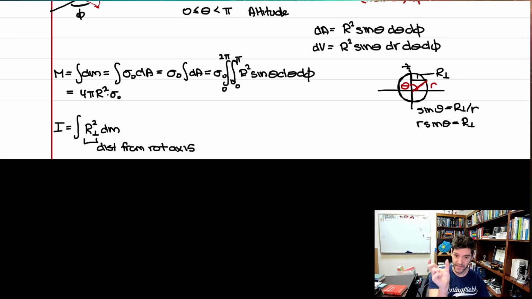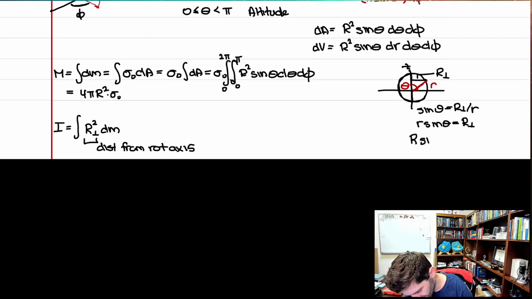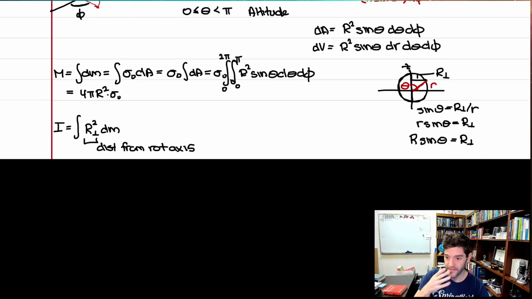That is the distance that the little dm is away from the rotation axis. But this little r is the distance it is from the origin. That is nice because all mass elements are a distance capital R away from the origin, whatever the radius of the shell is.